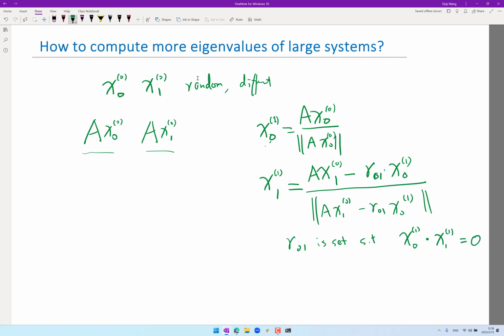So we are projecting out the component from ax1 and then normalizing it. R01 is whatever it needs to be so that the numerator is orthogonal to x0.